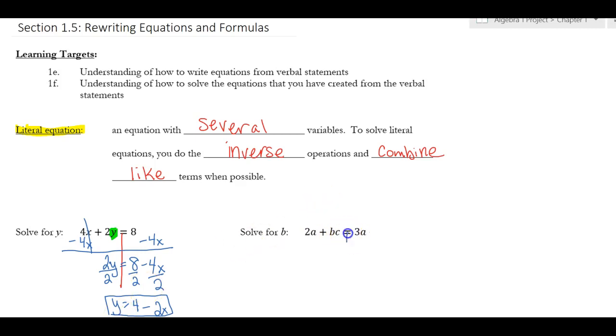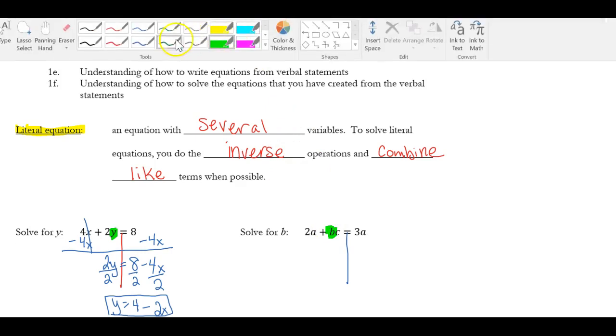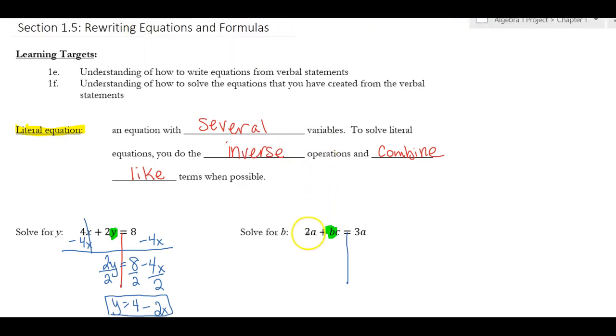All right, let's look at this next one. I'm going to highlight again what I'm looking for. For this one, I'm solving for b. Okay, and so I need to get rid of this 2a because it's farther away from the b. So I minus 2a. Well, look, I have a 3a here, so I can actually put the 2a with the 3a because they're like terms.